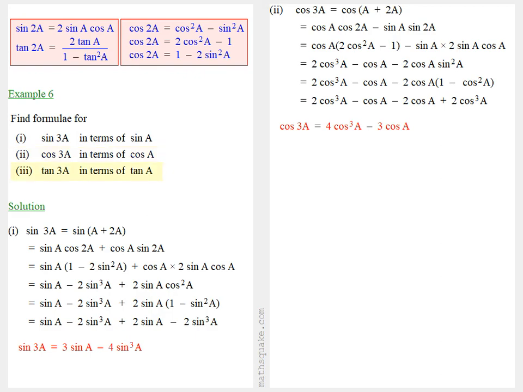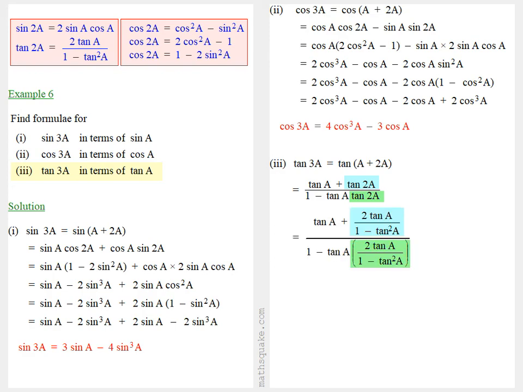Now in part 3 we're asked to find a formula for the tangent of 3A. Well, the tangent of 3A can be written as the tangent of A plus 2A, which is tan A plus tan 2A all over 1 minus tan A tan 2A. Now the tangent of 2A can be written as 2 tan A over 1 - tan² A, both on the top and on the bottom.